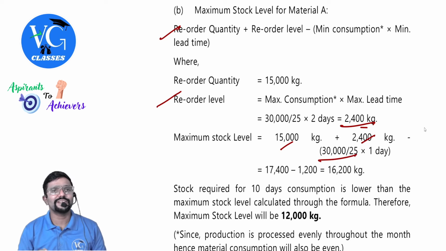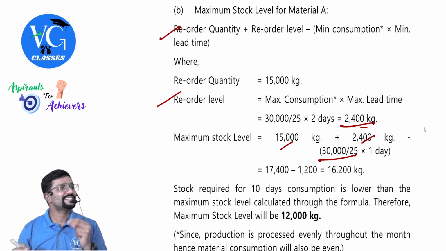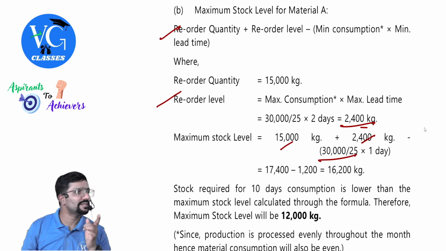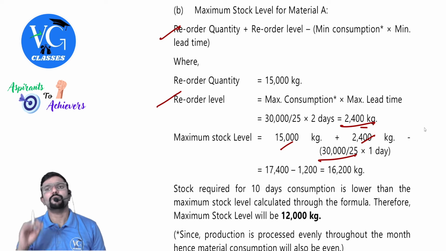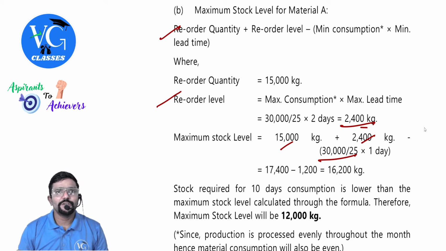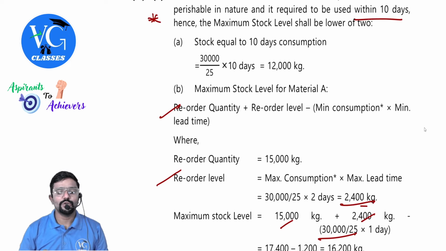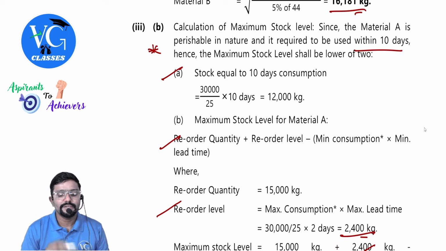Minimum also you can see they have calculated the same way: 30,000 monthly consumption divided by 25 working days, into minimum 1, into 1. Okay, sir. So 16,200. Now coming to this part.